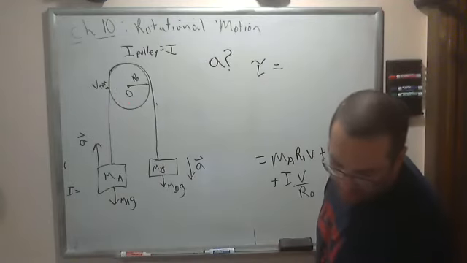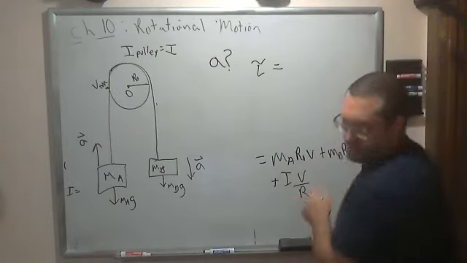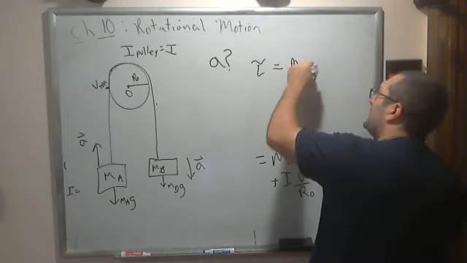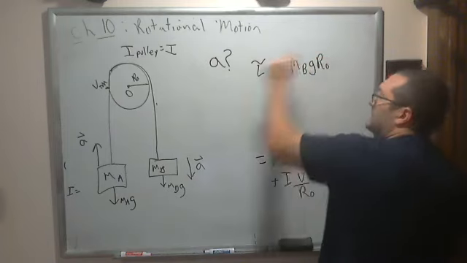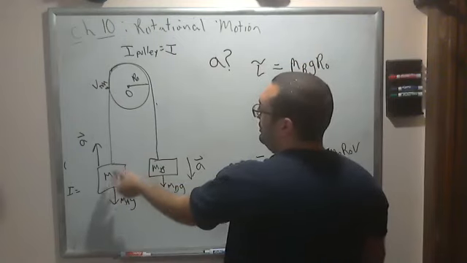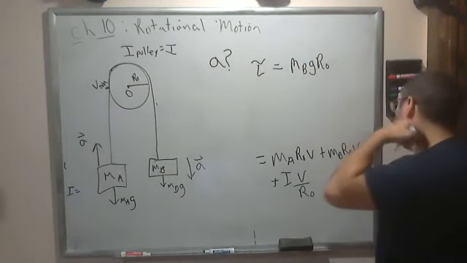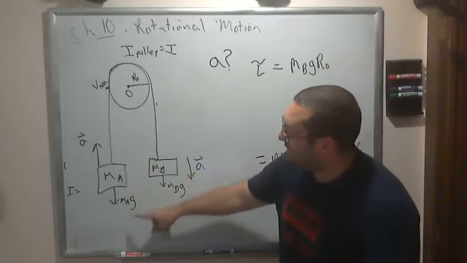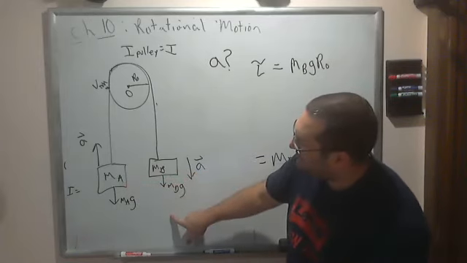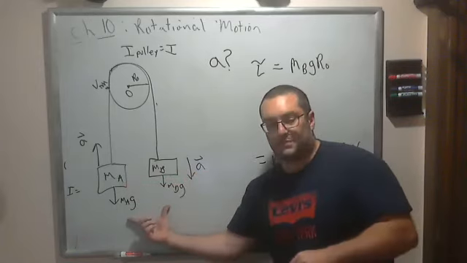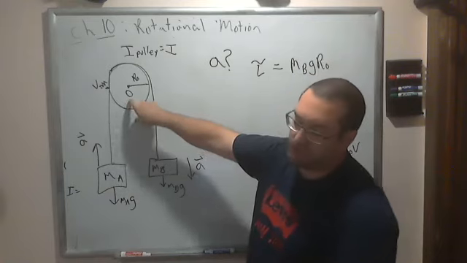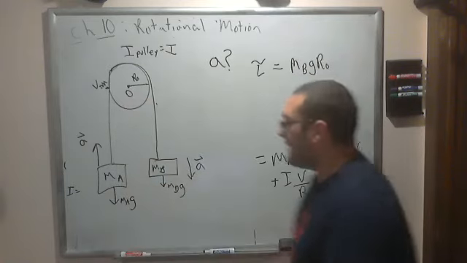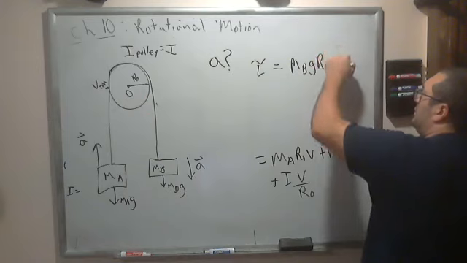So the torque is equal to m_B g times r naught. It's just an application of this force at that point. Over here, this torque is pulling downwards, and over here this torque is pulling downwards. They're both in the same direction, but they're on opposite sides of the rotational motion, so they're opposite to each other, and one would be negative.